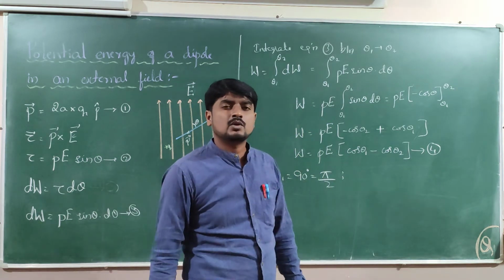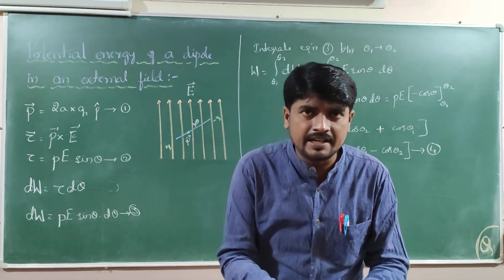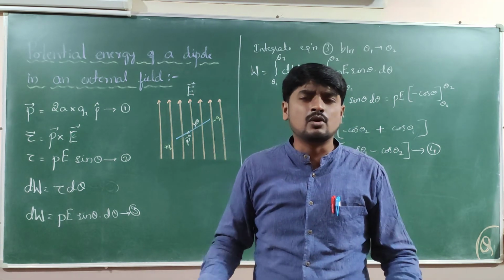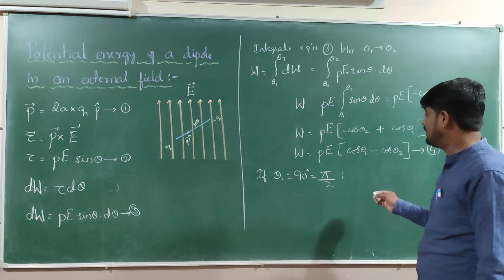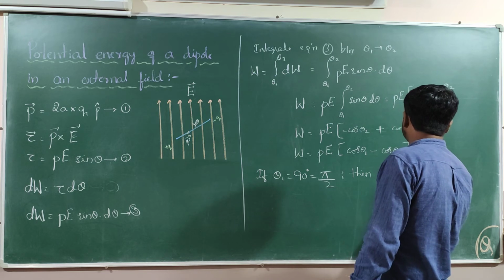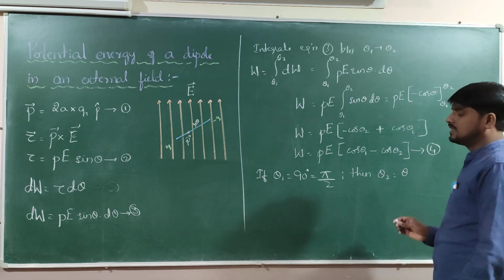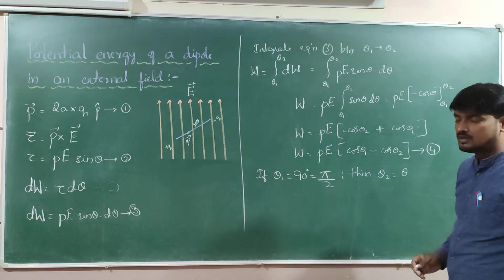Suppose theta 1 is equal to 90 degrees, or pi by 2. Obviously theta 2 may be greater than 90 degrees or less than it. We don't know, because it depends on the direction and the strength of the electric field. So theta 2, I simply call theta. Then if I substitute these terms in the above equation, what happens?